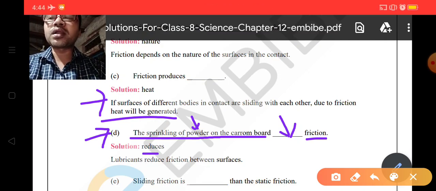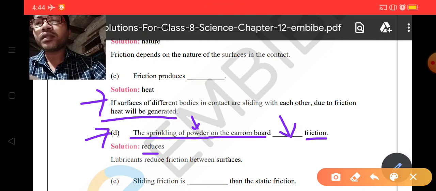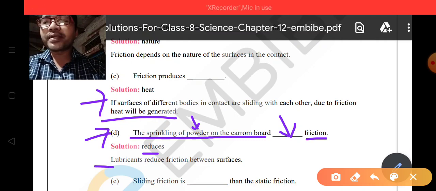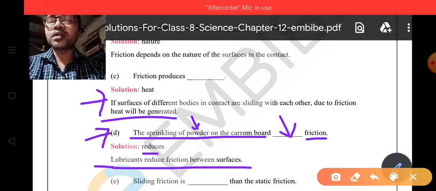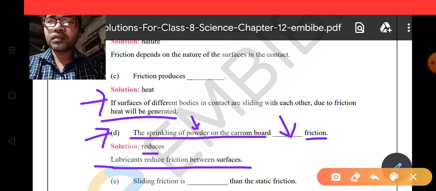So the sprinkling of powder on the carom board reduces friction. This is the answer. Now you can see here lubricants reduce friction between the surfaces. So note it down in your copy. Okay, pause the video and note it down in your copy.